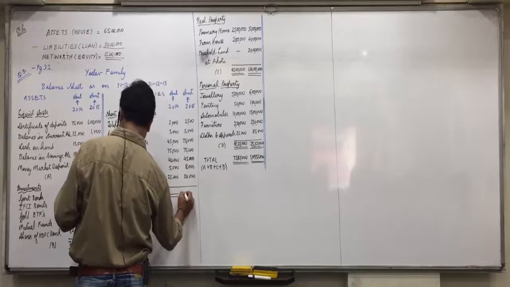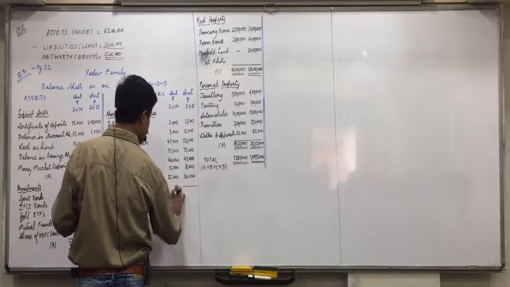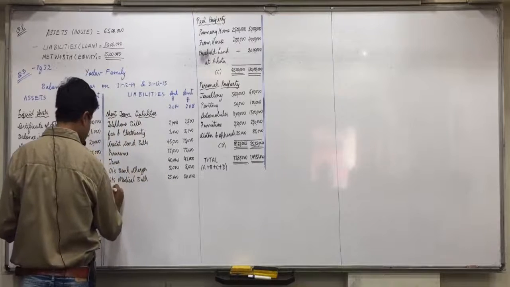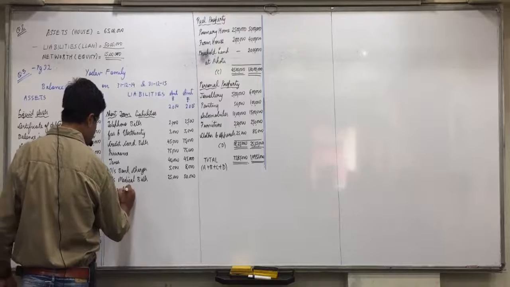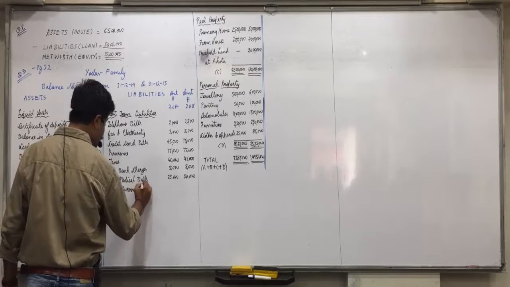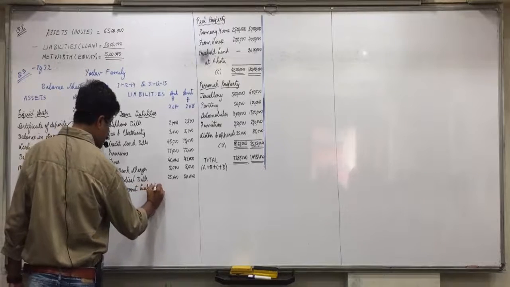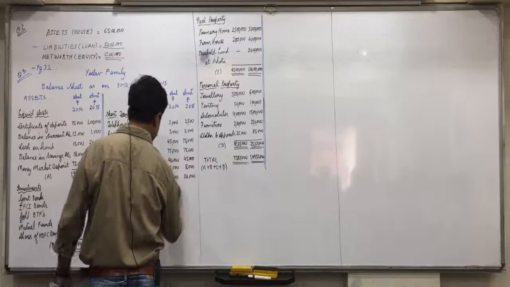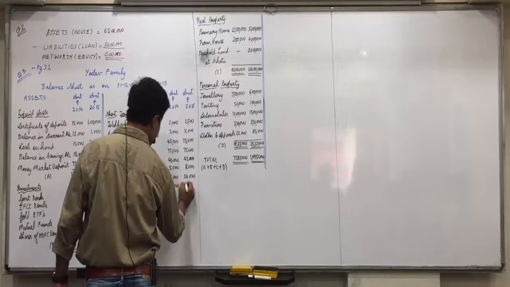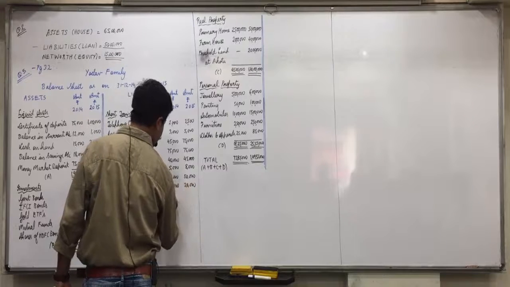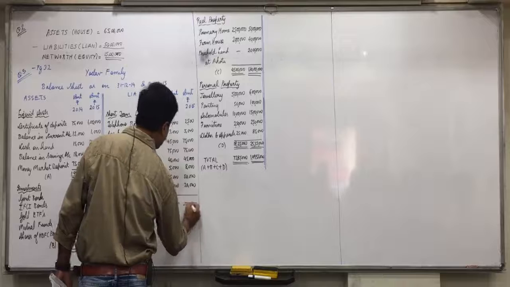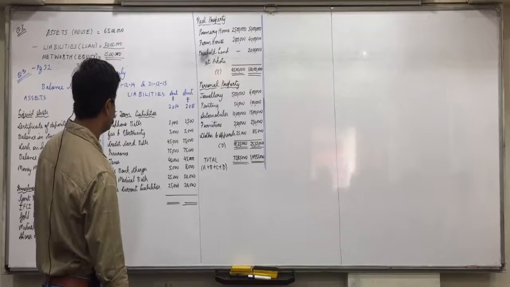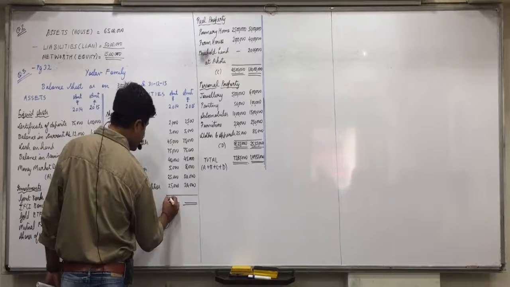Other current liabilities, 25,000 and 20,000. Two lakh 20,000.